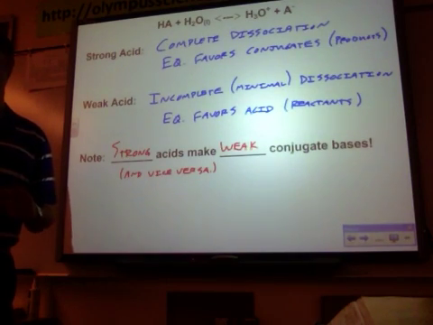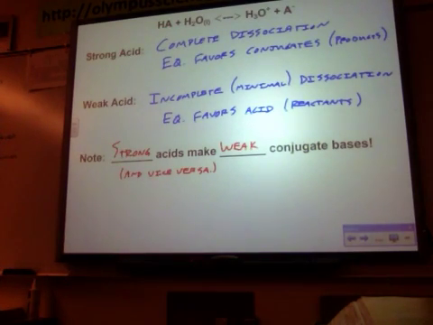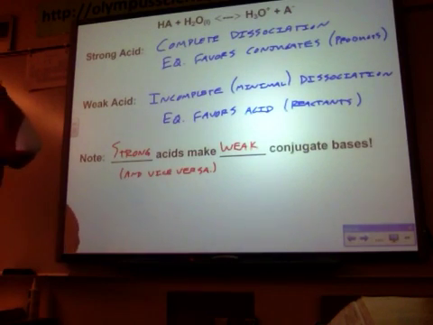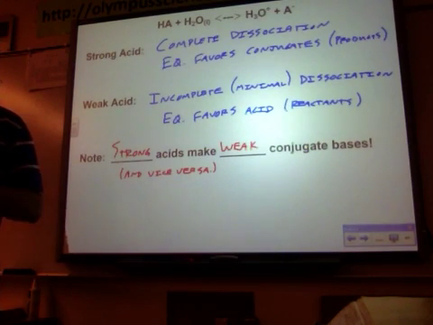One of the things that we're going to do in this chapter is look at acid-base reactions more in terms of equilibrium. Which means we're going to have to introduce an equilibrium constant, Ka. Good. We're actually going to introduce 3 equilibrium constants in this chapter: Ka, Kb, and Kw.